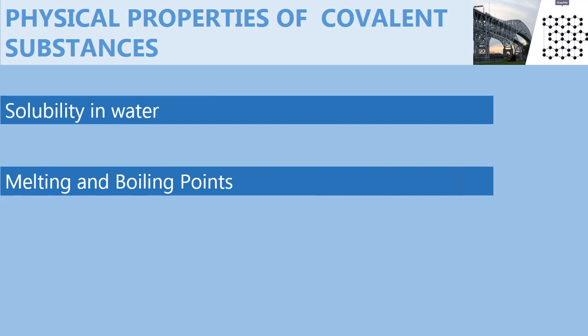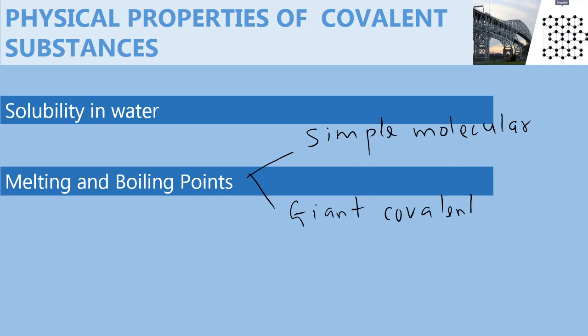Next property is melting and boiling points. Covalent substances either form simple molecules, which we say simple molecular structures, or they may form giant covalent structures or giant atomic structures.